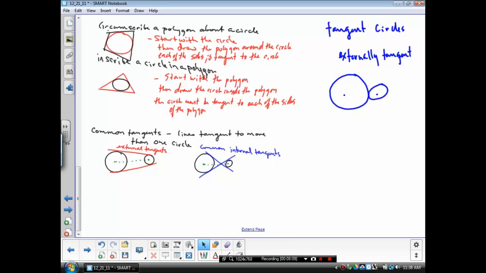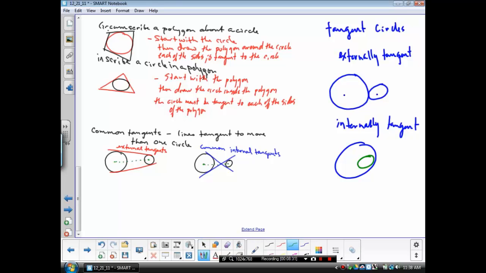Try to put that center where it should be, and my board's not exactly aligned, so we'll just leave it. Now, internally tangent. The one circle is inside the other. Those are internally tangent circles.